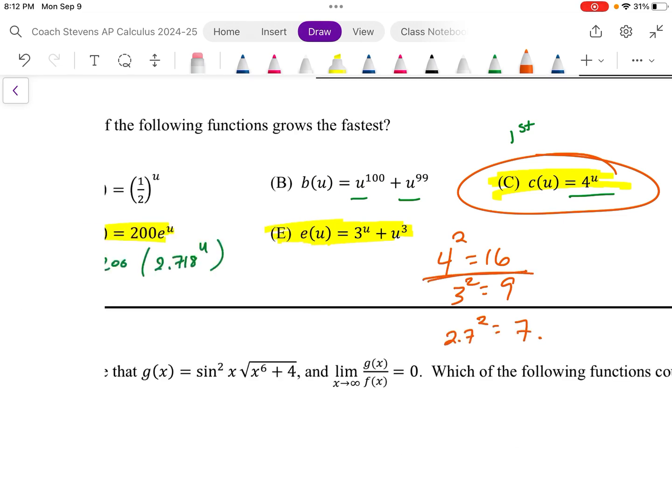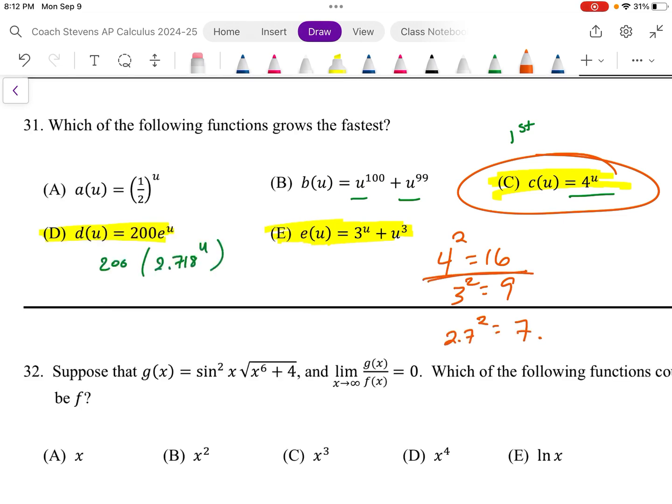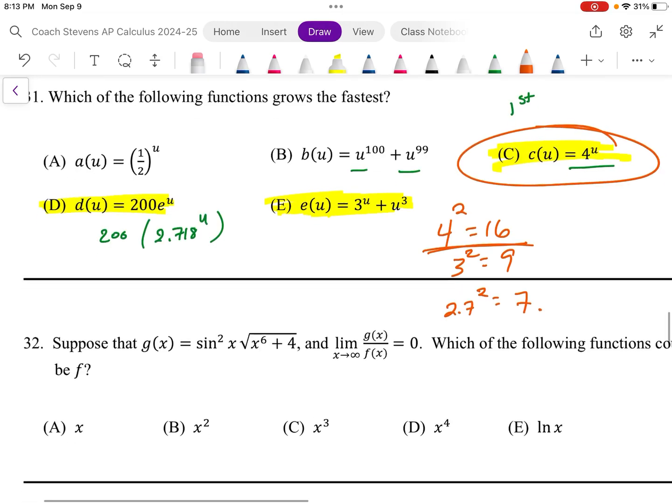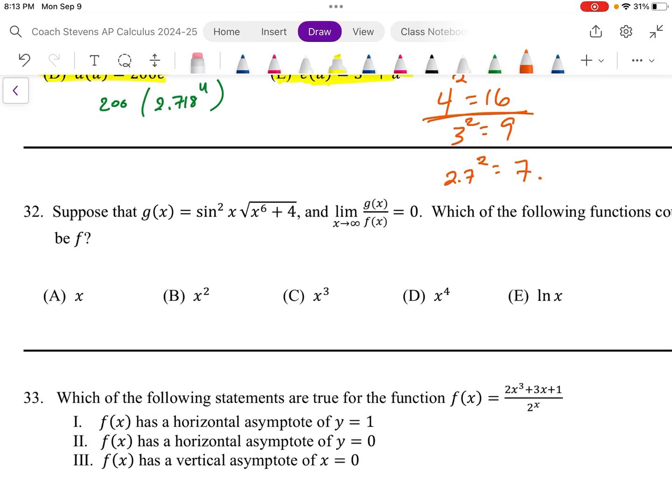So this one grows the fastest in general. Sorry about the screen tweaking on us here.